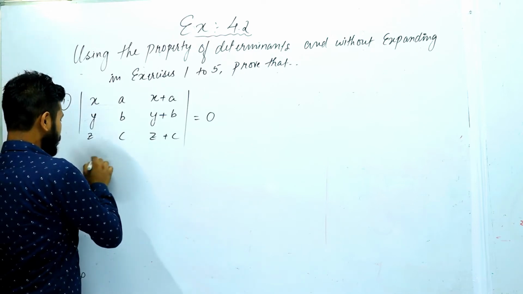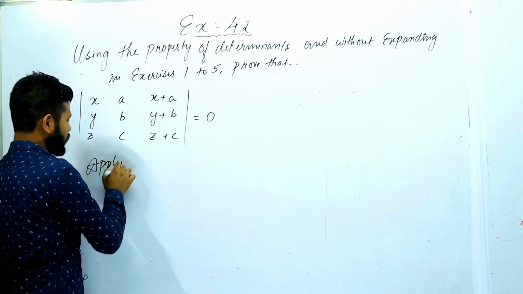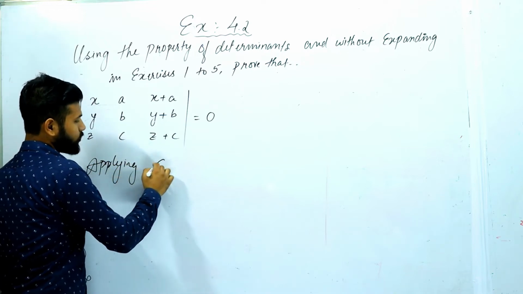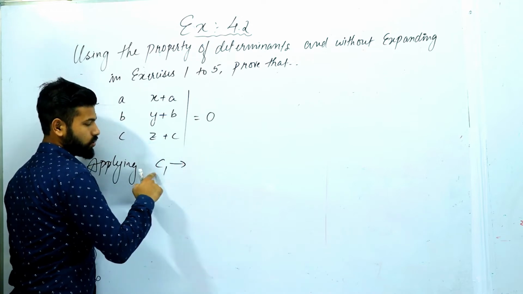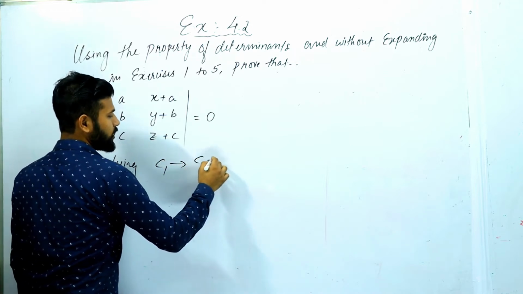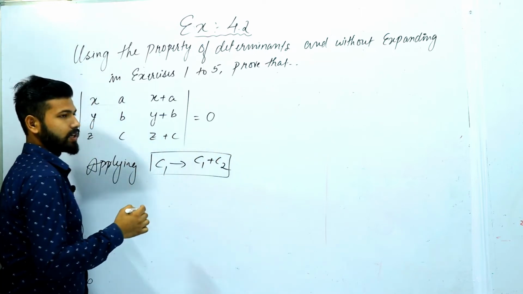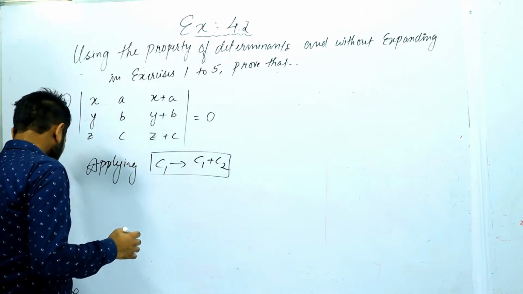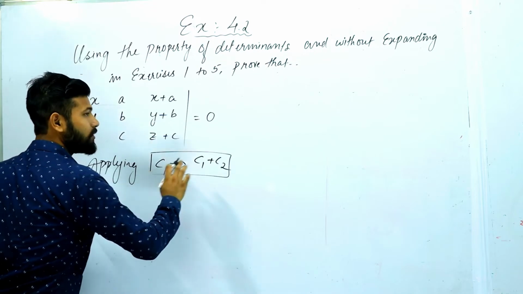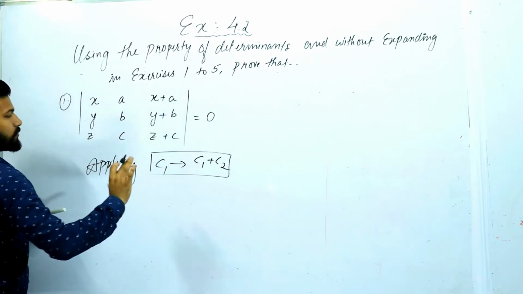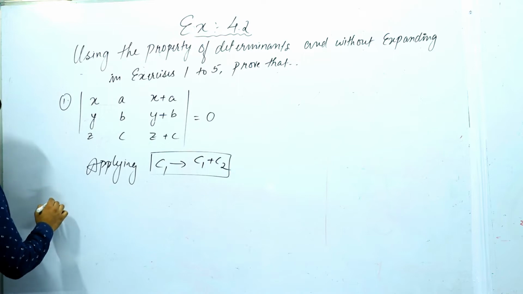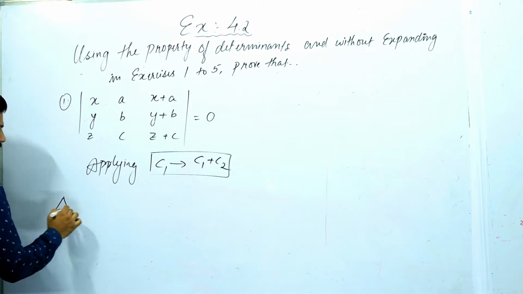Let me write what property we are going to use here. Applying column 1 changed to column 1 plus column 2. As this property is only implemented in column 1, there will be no change in column 2 and column 3. Let us represent the determinant as delta.